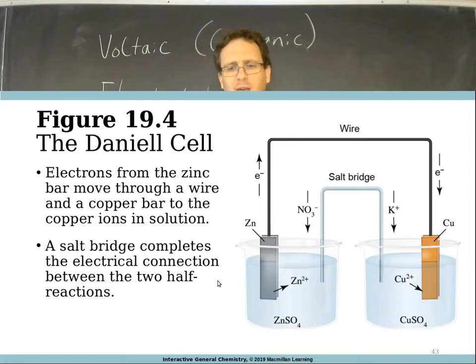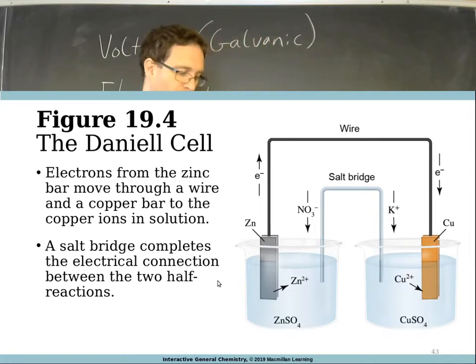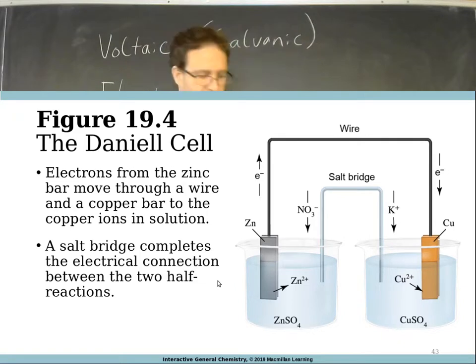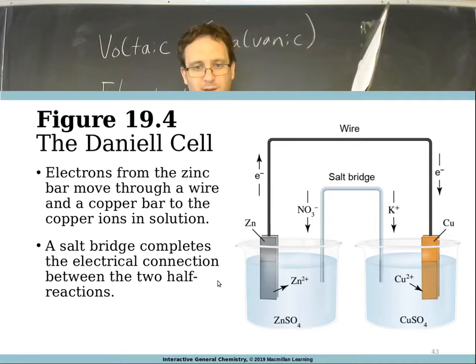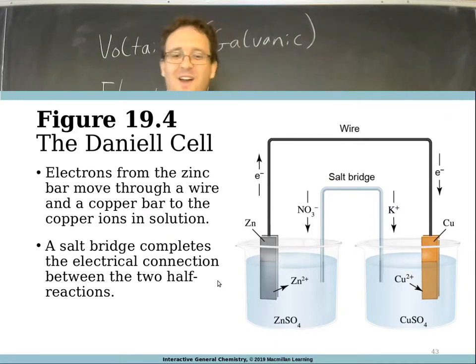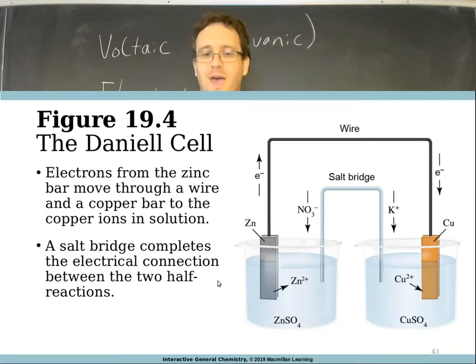And so we have here two beakers that are going to contain ion solutions. Hold up, I'm trying to figure out if your picture is reversed or not. It's not reversed. On the left side, you'll have a solution of zinc 2+ ions and a bar of solid zinc metal.